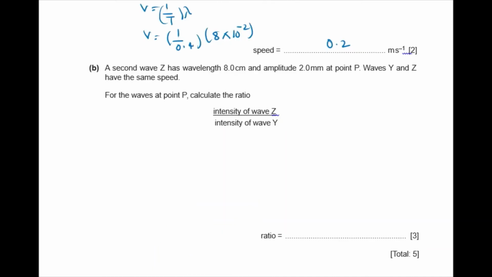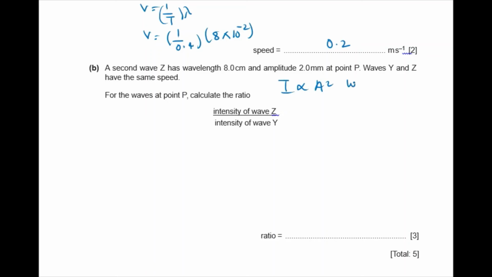B. A second wave Z has a wavelength of 8 cm and an amplitude of 2 mm at point P. Waves Y and Z have the same speed. For the waves at point P, calculate the ratio of the intensity of wave Z over the intensity of wave Y. So what's the relation? Intensity is directly proportional to amplitude squared.